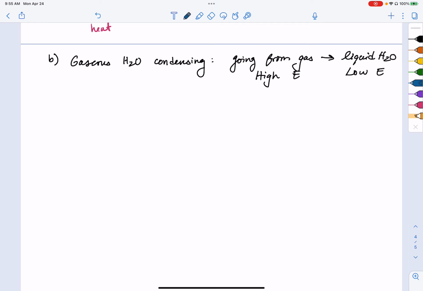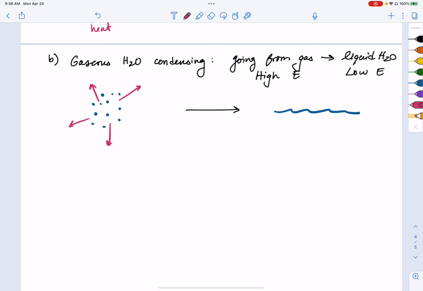So let's think about what has to happen if I've got steam and I want to condense this into liquid water. In order for this to happen, the heat that is found within this system is going to need to be transferred to the surroundings. In order for this high energy phase to go to a lower energy, it's got to get rid of some thermal energy.